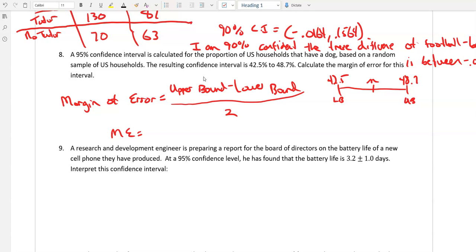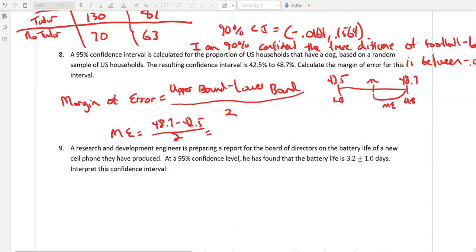But to find how far apart the margin of error is from here to here, that would be the margin of error. If they asked for that middle part, you would have to add them and divide by 2. But since they're asking for the margin of error, you're just going to subtract them and divide by 2. So it's going to be 48.7 minus 42.5 divided by 2.